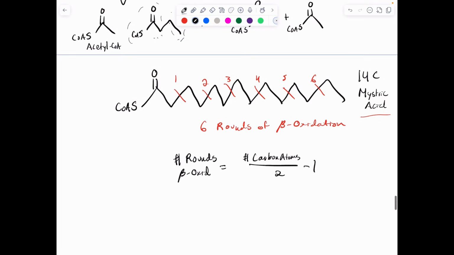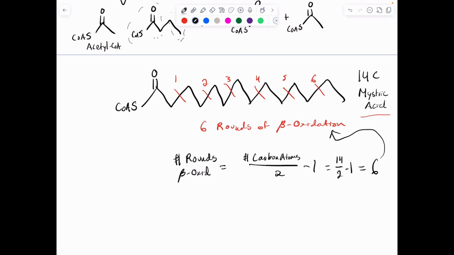And so for this case, we have 14 carbon atoms over 2 minus 1. So 14 over 2 is 7, minus 1 equals 6. So it'd be 6 rounds of beta oxidation, and that corresponds to what I just wrote earlier. So that's a visual understanding of why that formula works.